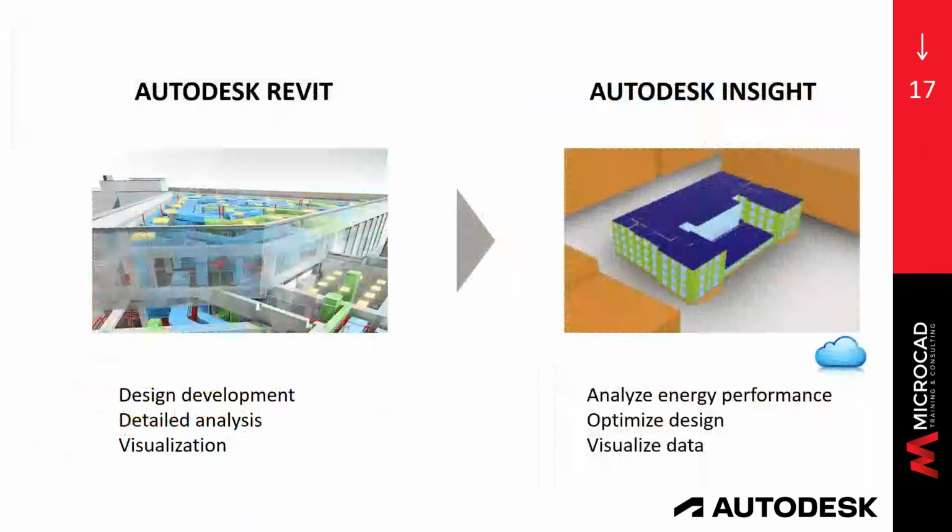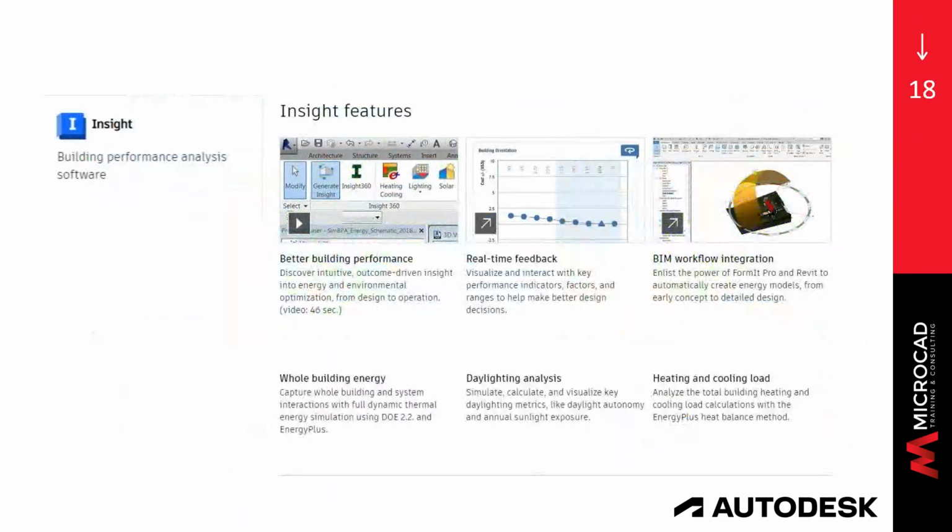And again, the better you are coordinated from the get-go, the faster that building that you're planning can be built. Right. So again, from Revit, you can run your Insight analysis and your energy performance, and you can visualize your data very easily. You can optimize your design by running iterated analysis in Insight, changing a material here and there. It is all in the advantage of the building or of the site that you're developing.